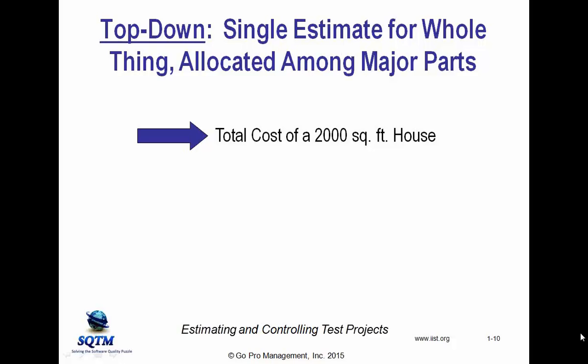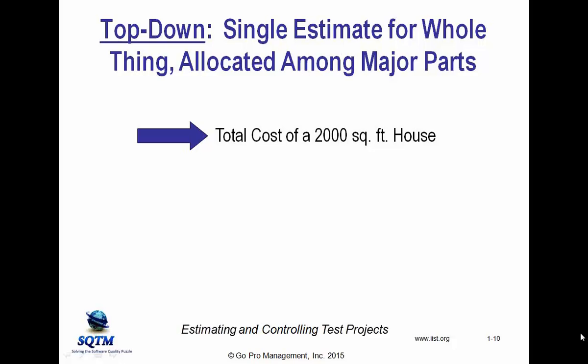But basically, they use a small number of parameters to go against a huge database of historical data on what it takes to build a house, and it's largely driven by square footage.